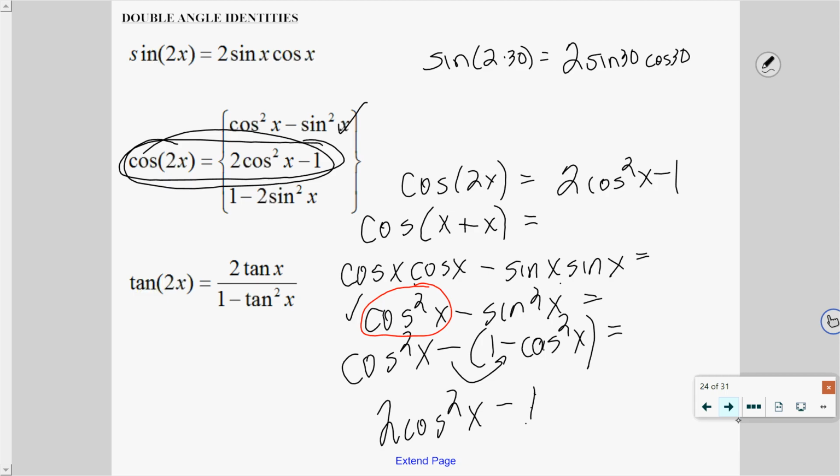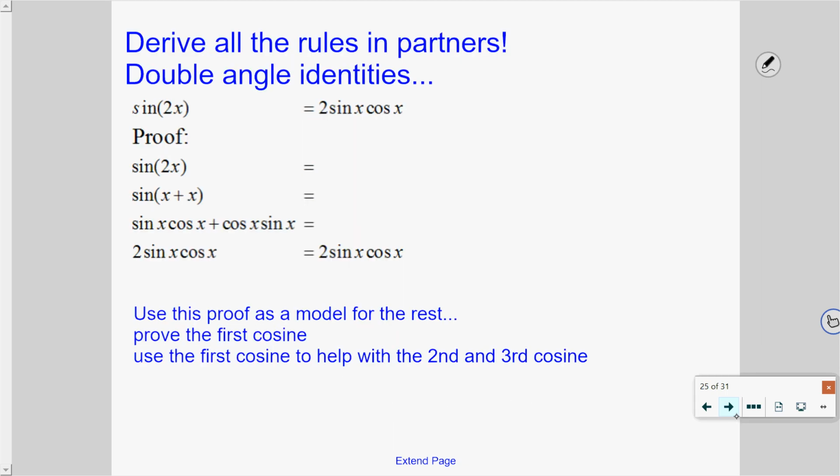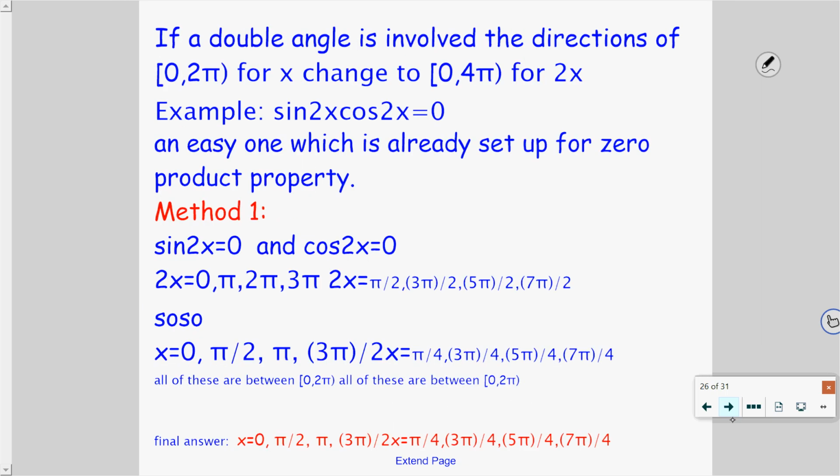And tangent, I can flip it for cotangent. One way you're going to use a lot of these, solving for different angles, I'm going to save for tomorrow, for our sophomores to be here as well, okay?